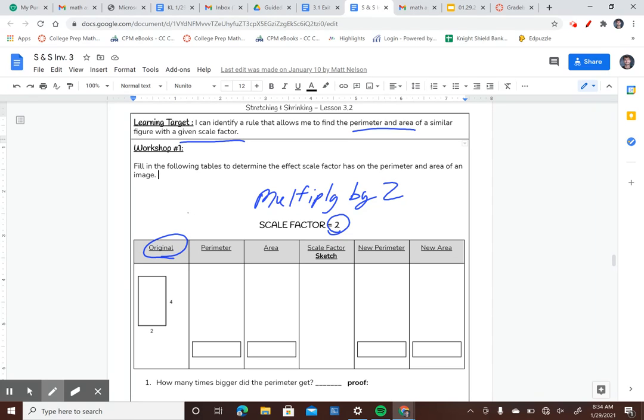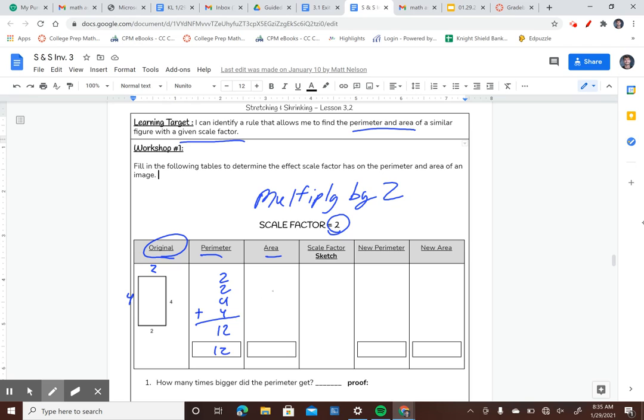So we take a look at our original, and first we calculate the perimeter and area of our original figure. We see it's a rectangle, so we would just have 4 on opposite sides and 2 on opposite sides. So if we're going to do the perimeter, we'd have to add up 2 plus 2 plus 4 plus 4, which would give me 12.